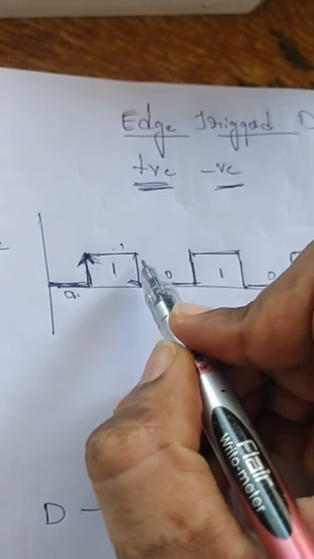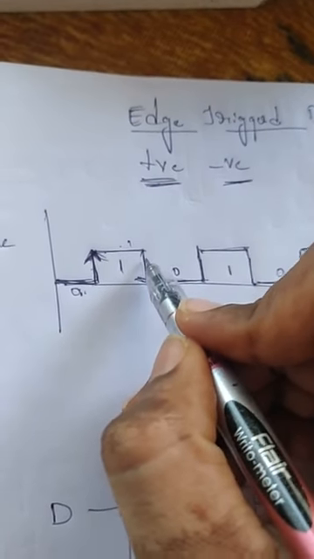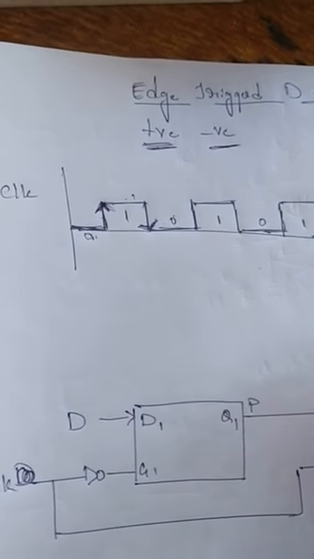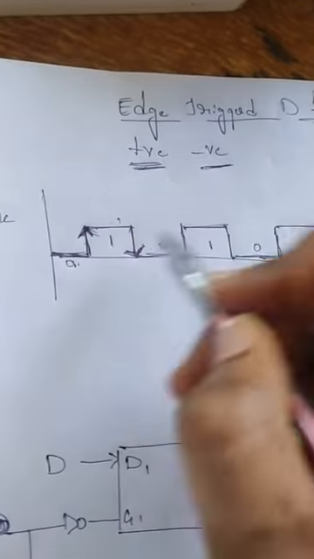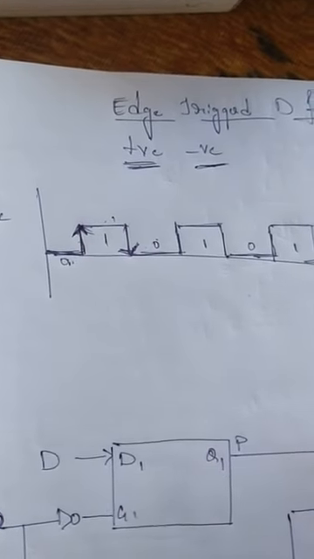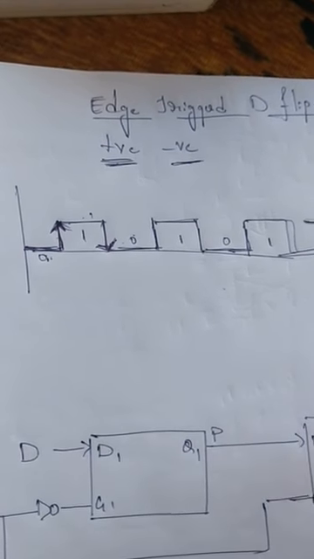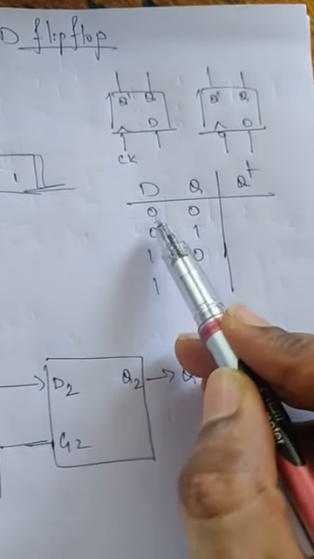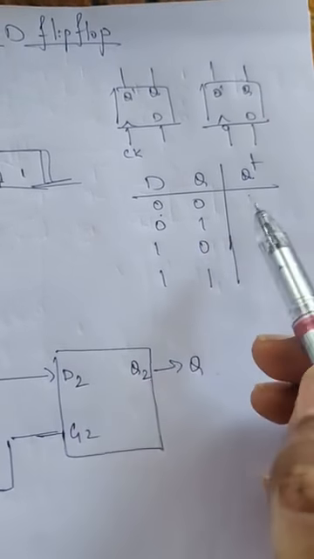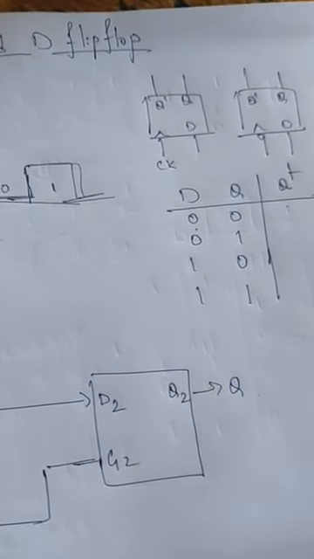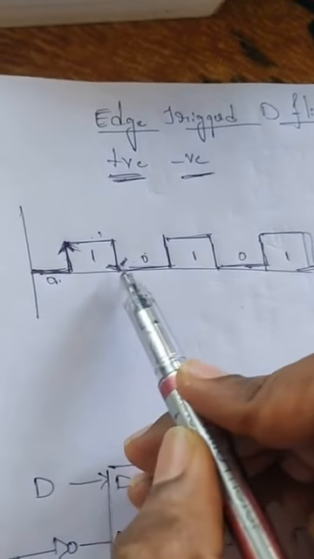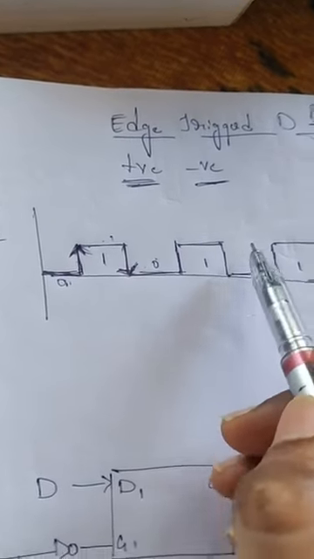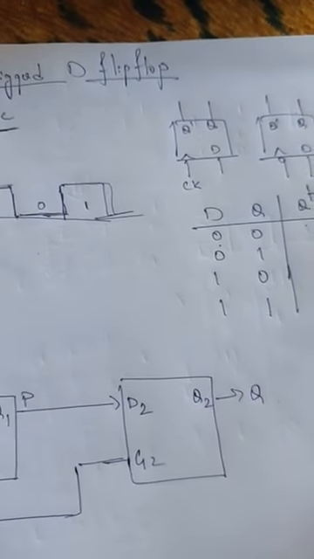If the system changes its state during the falling edge, from 1 to 0, I call it a negative edge trigger. In the case of a latch there was no clock, and in the case of a flip-flop we come across clock pulses. Whatever change has to happen, 0 to 1 or 1 to 0, has to happen only during the positive edge or negative edge, the rising edge or falling edge. It has to take the clock pulse into consideration before performing its operation. That is what we call flip-flops.